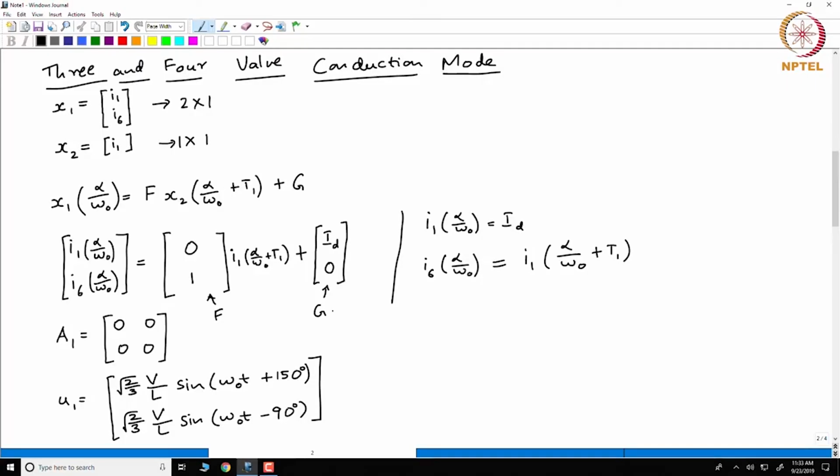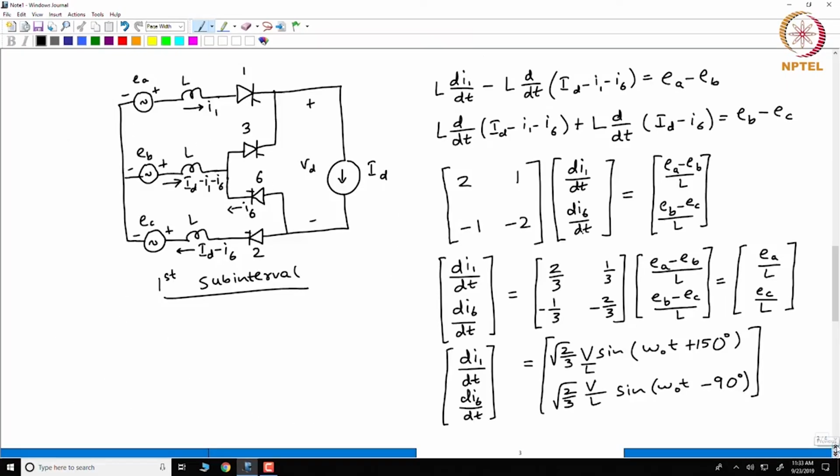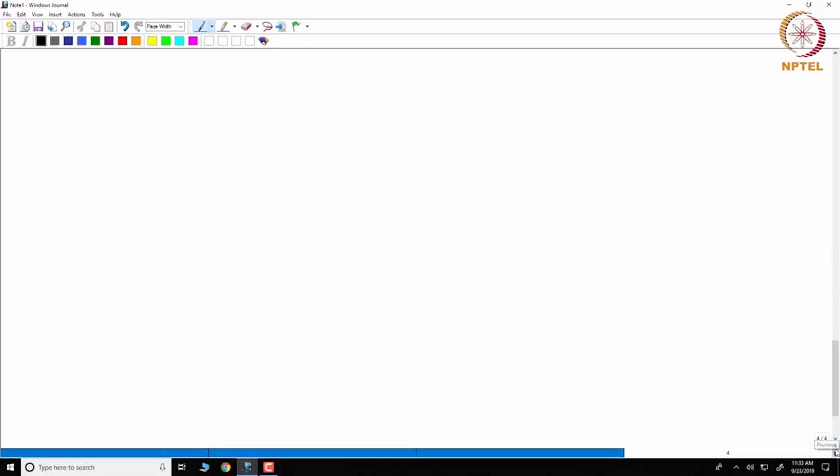C and D are known matrices, once we know the size of x1 or x2. So what is A2, what is U2? For that we have to consider the second subinterval.